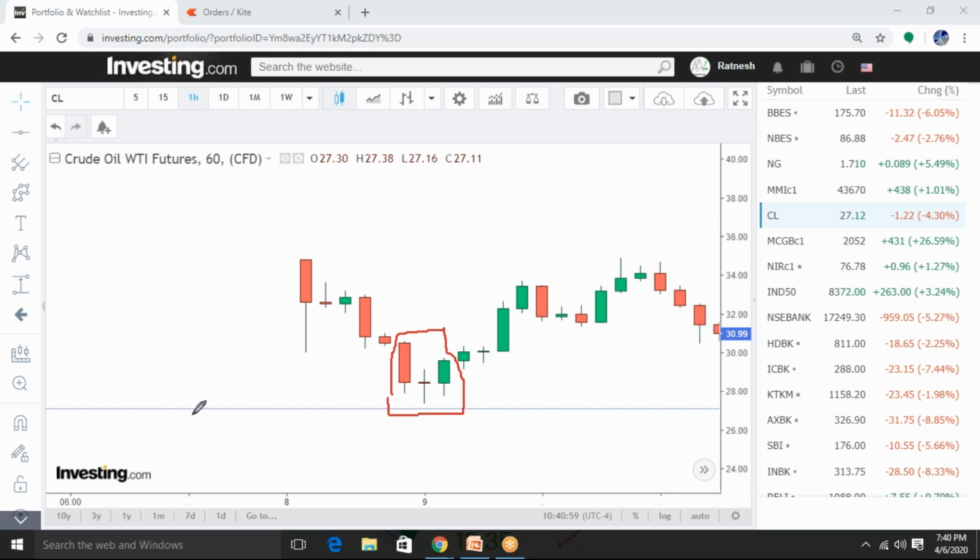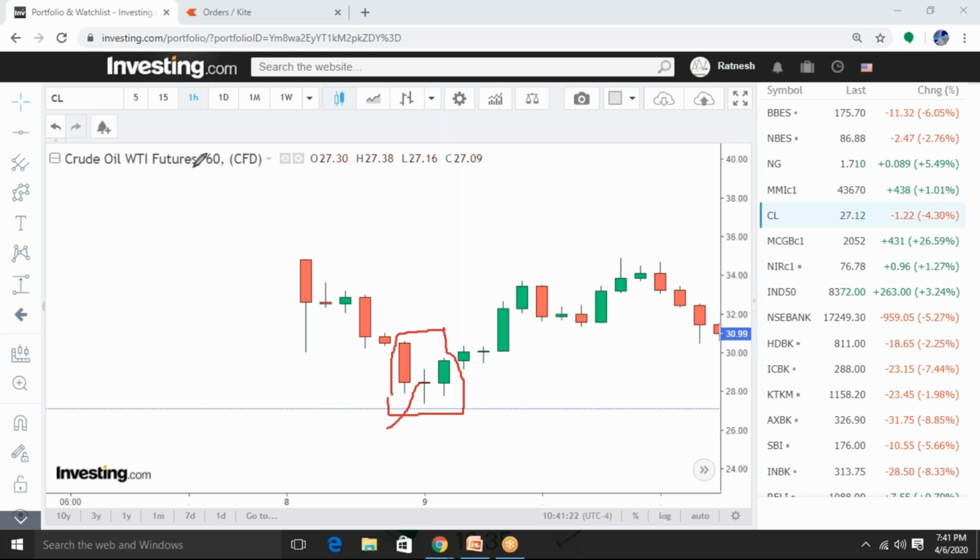Sir, we can say morning doji star. The doji term is not important, only the body is important. The body should be small. Clearly the body is small, a small body candle.